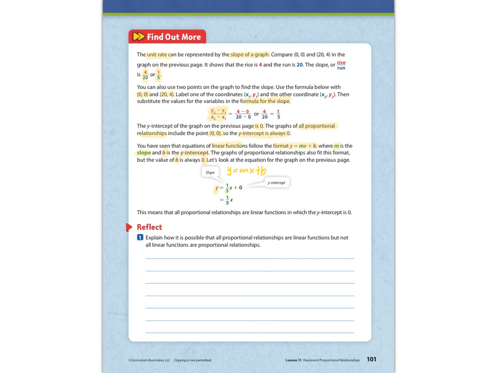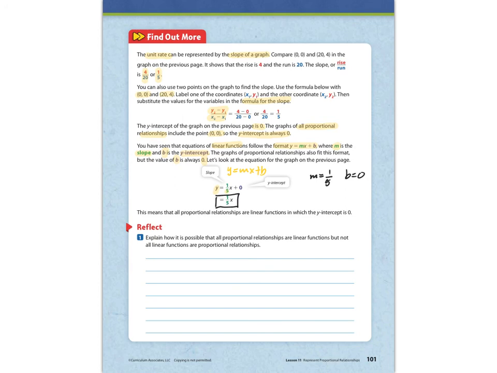Now we know that our slope is going to be 1/5 from the previous page. So m equals 1/5. And we know that b equals 0. So that's where they substituted. And now this is our equation. If you add 0, it's fine, but it shouldn't be there.